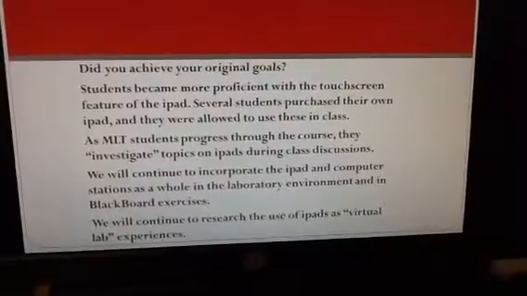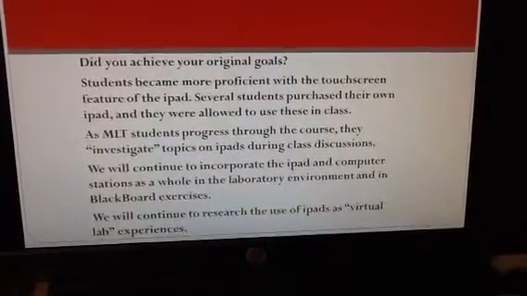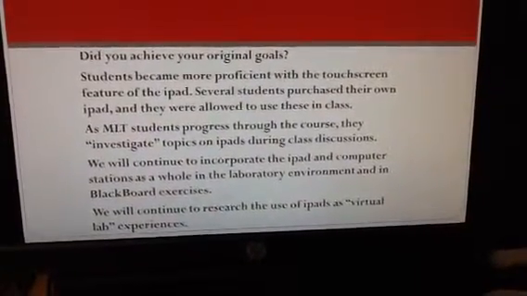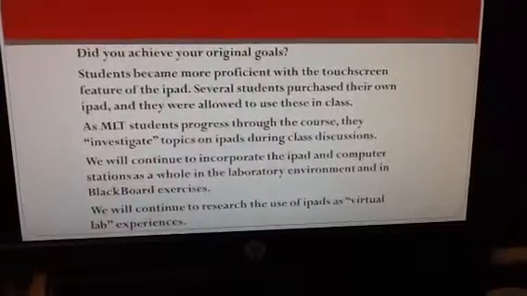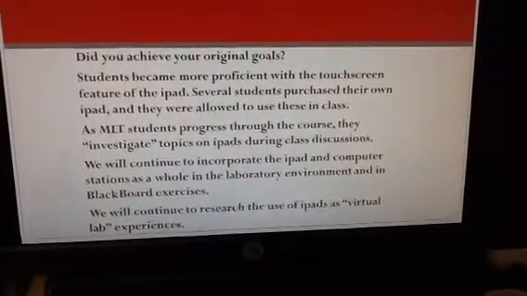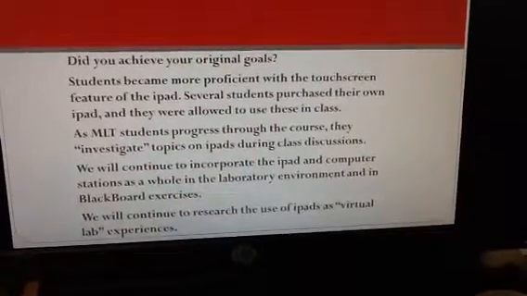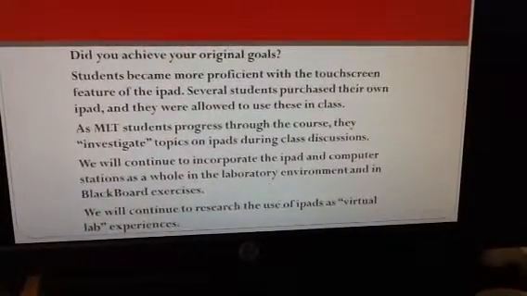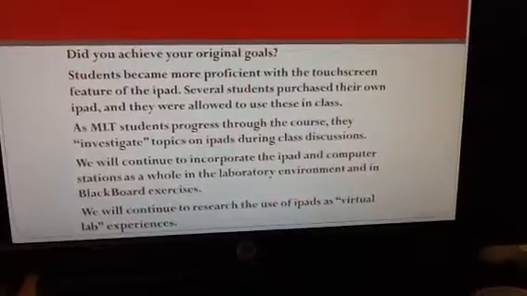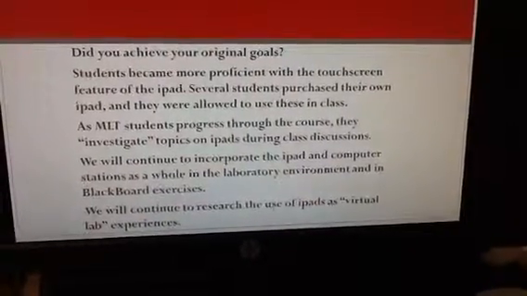As MLT students progress through the course, they investigate topics on iPads during the class discussions. So that would definitely be a goal where they have gotten more comfortable to search outside of their comfort zone. So that's one goal that we were able to address pretty quickly.